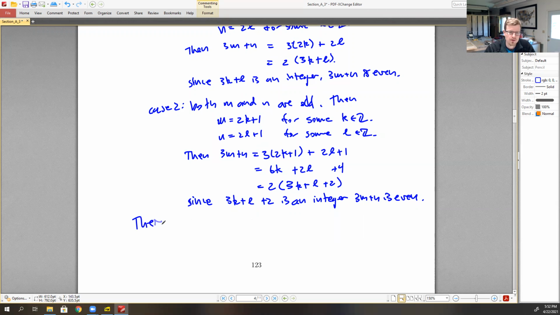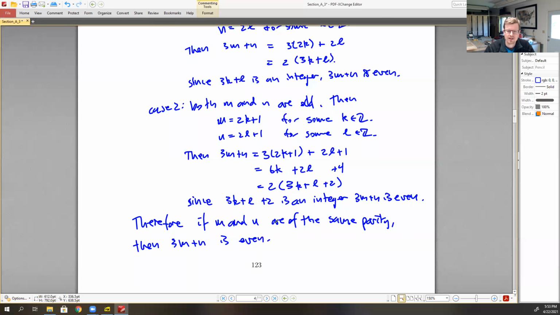So therefore, if m and n are of the same parity, then 3m plus n is even, because it doesn't matter which scenario I'm looking at, I always get that 3m plus n is even.